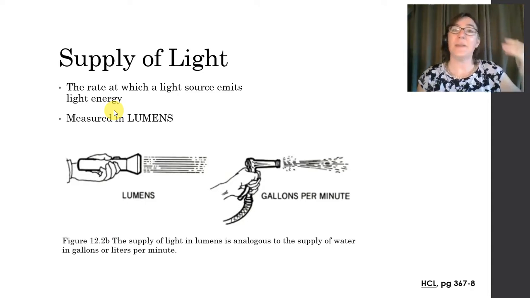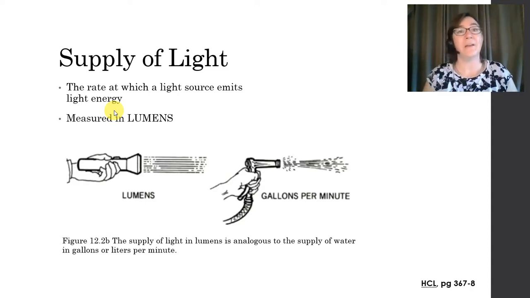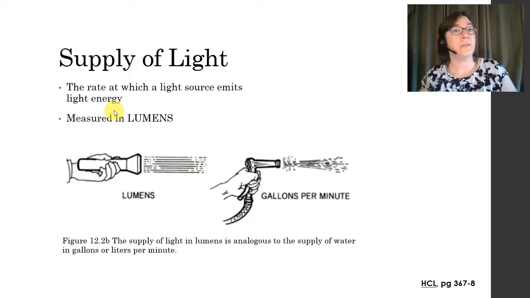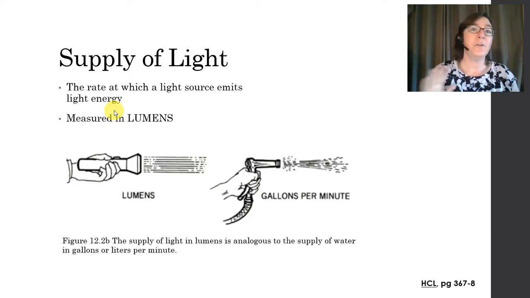The first one in your table is called supply of light. And in other textbooks and in other realms, this is also called luminous flux. So the supply of light is the rate at which a light source emits light energy, and it's measured in lumens. And here's a good analogy.